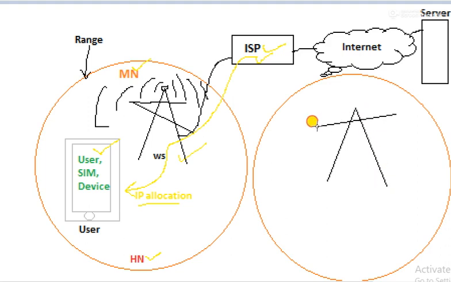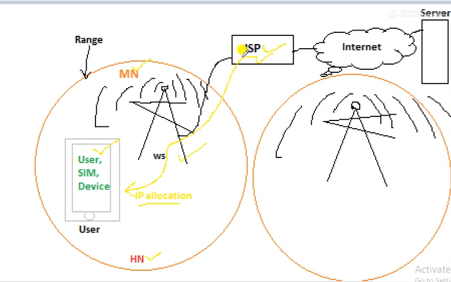Let's say one more wireless station is there, which in short is installed by the same internet service provider only. This is again another wireless station too. For understanding purposes I'm just drawing this.